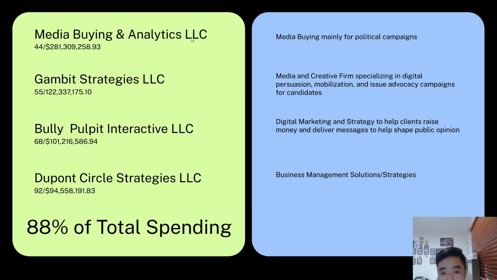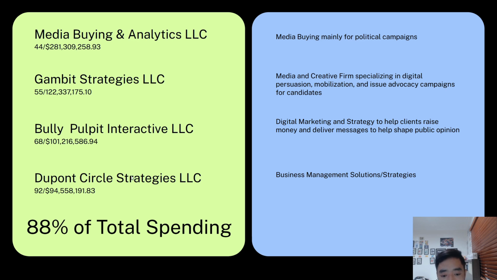Media Buying and Analytics LLC is a media buying firm mainly for political campaigns. They're more targeted to the Democratic campaigns. I'll explain media buying after this slide. Gambit Strategies is also a media and creative firm specializing in digital persuasion, mobilization, and issues advocacy campaigns for candidates. Bully Pulpit Interactive LLC does digital marketing and strategy to deliver messages to help shape public opinion.